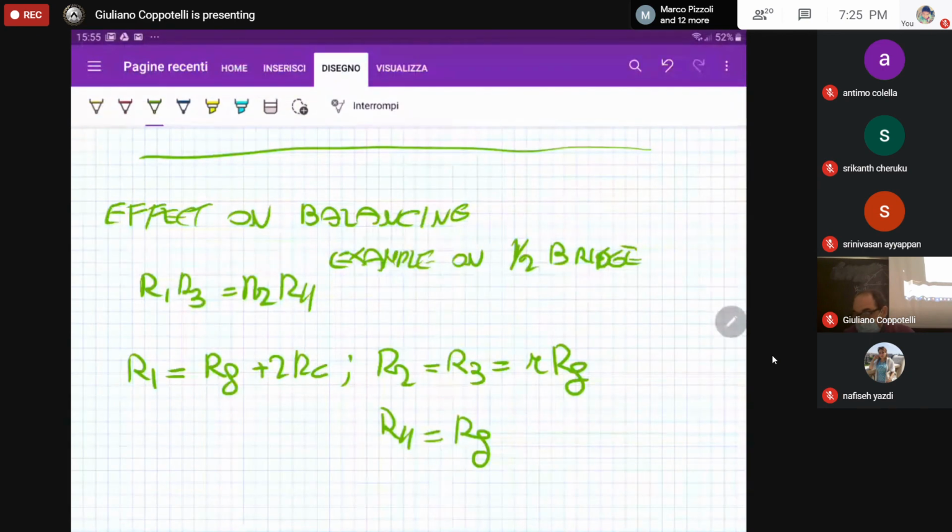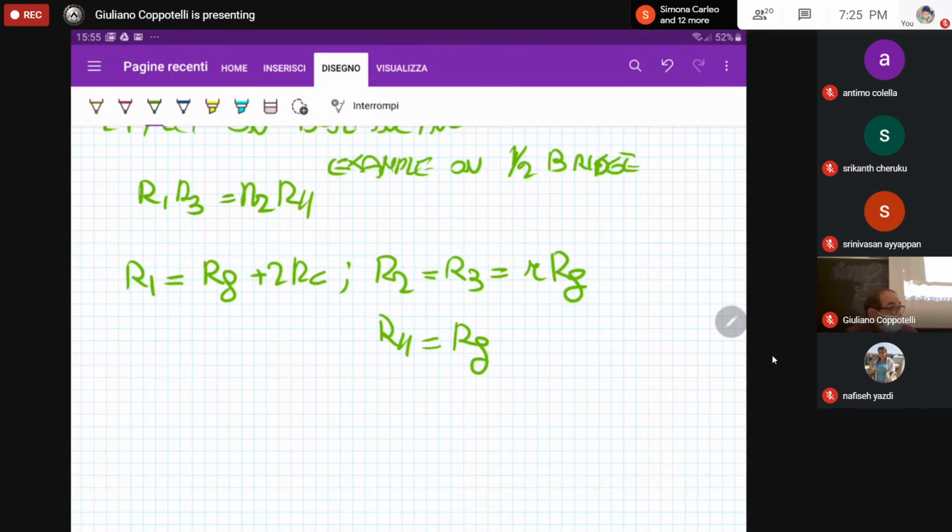So in this case, for the half bridge configuration, to take it as an example, the balancing condition is written as RG plus 2RC times RG will be equal to RG squared.